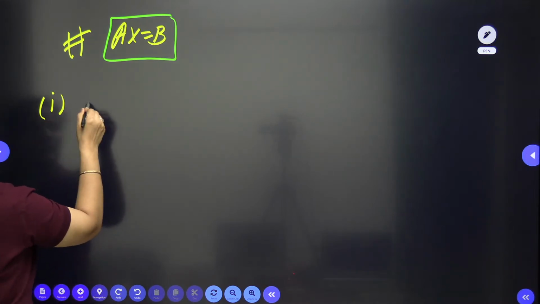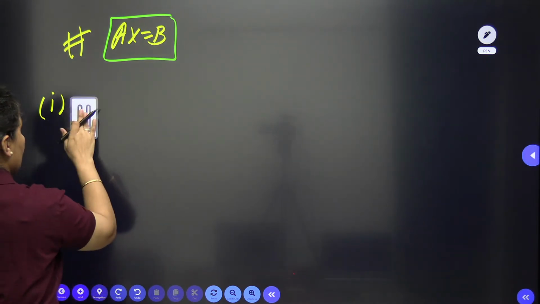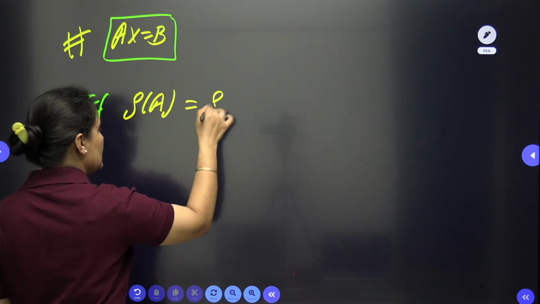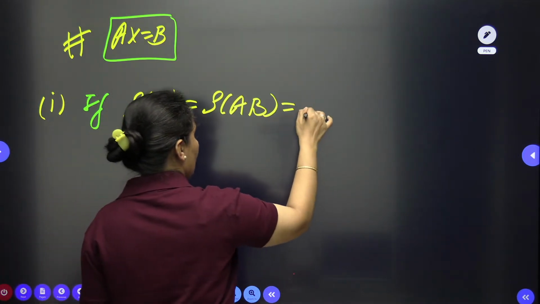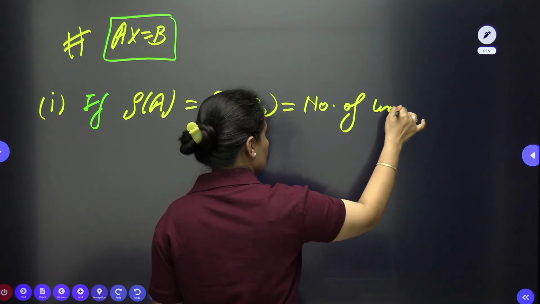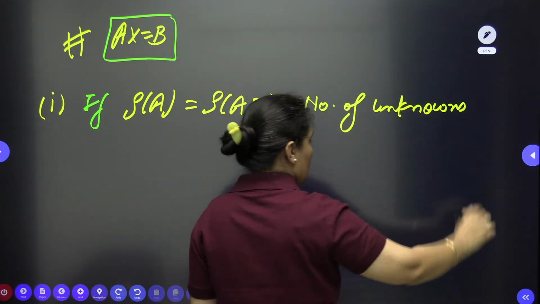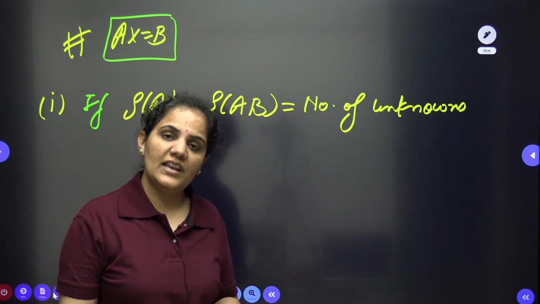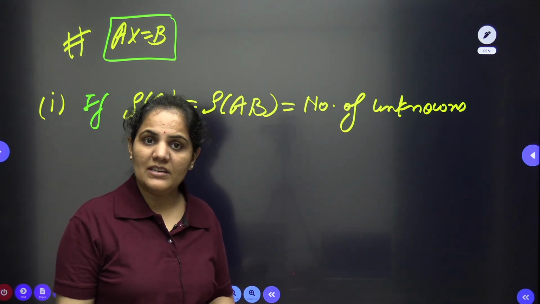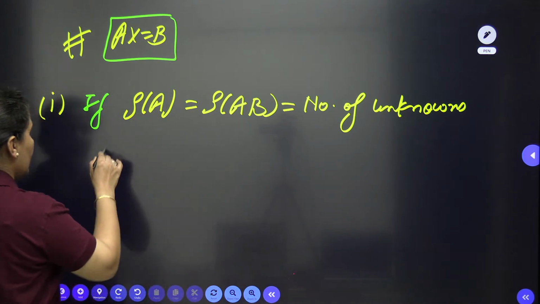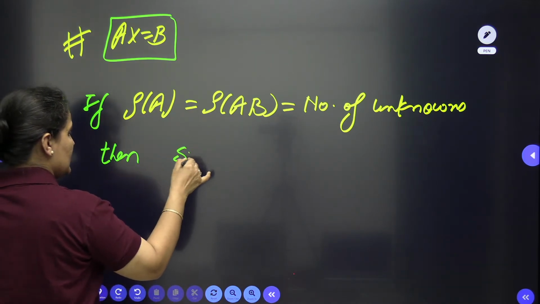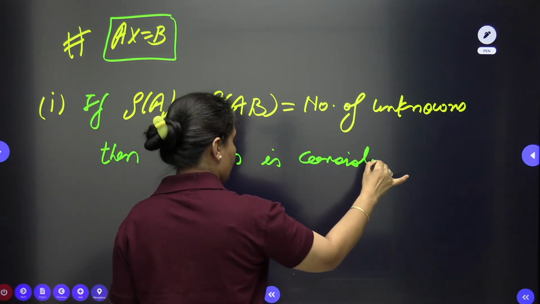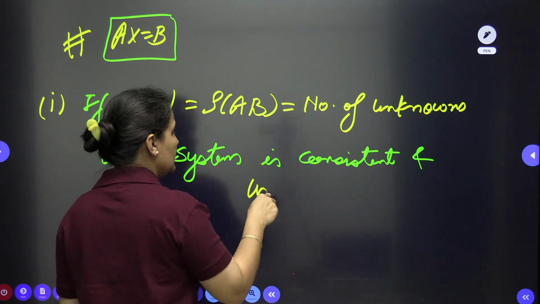The first step is to find the rank of matrix A. If the rank of matrix A equals the rank of matrix AB, and it equals the number of unknowns, meaning the number of variables, then we say the system is consistent, and it will have a unique solution.